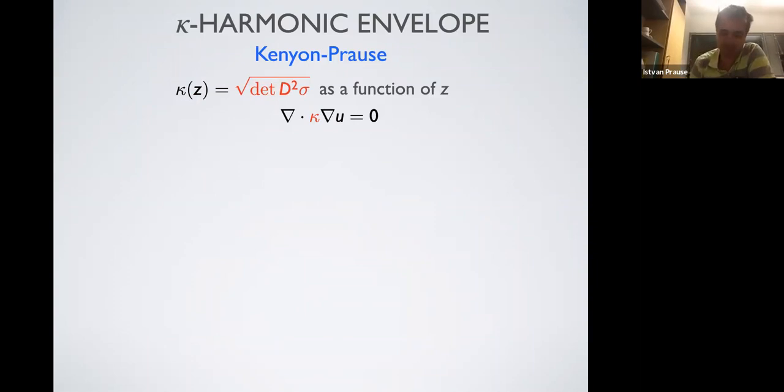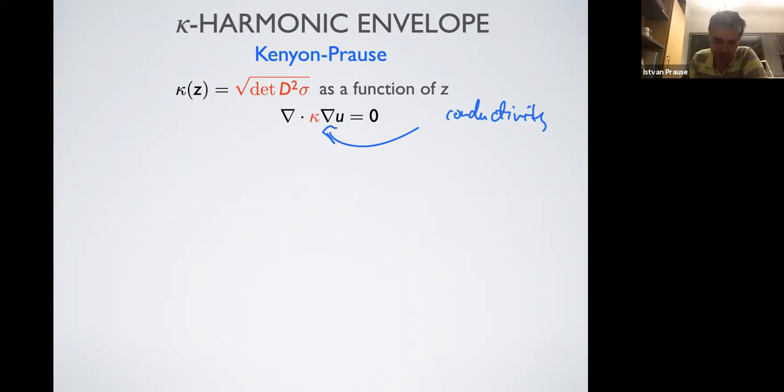This now lives in the ST variables, but the ST coordinates depend themselves on this complex variable Z. So we can view this square root of the Hessian determinant also as a function of Z. Let's call this kappa of Z. And then we say that a function u is kappa harmonic if the divergence of kappa times the gradient of u is 0. Here kappa is a conductivity term, so it's an inhomogeneous Laplace equation.